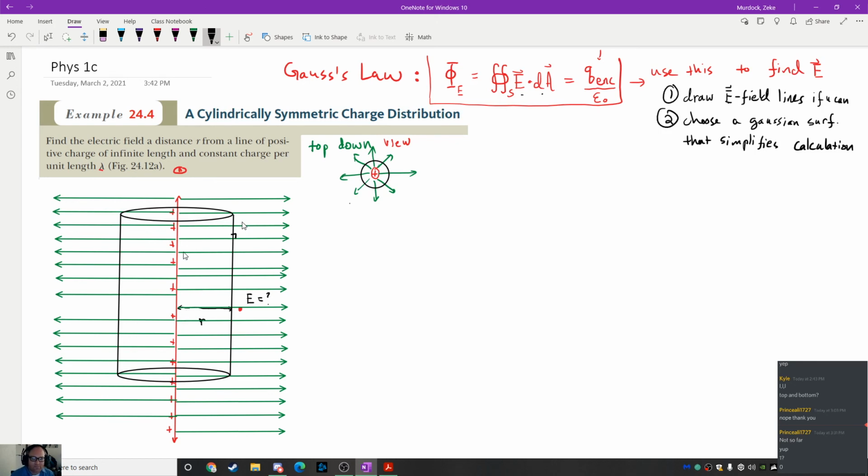I could rotate my cylinder in any direction I want, and it is not in any way going to change the relationships that we described. All of the angles will maintain exactly what they are. That's because a line with field lines emanating out from it is a cylindrically symmetric field. So we choose a cylinder to exploit that symmetry.